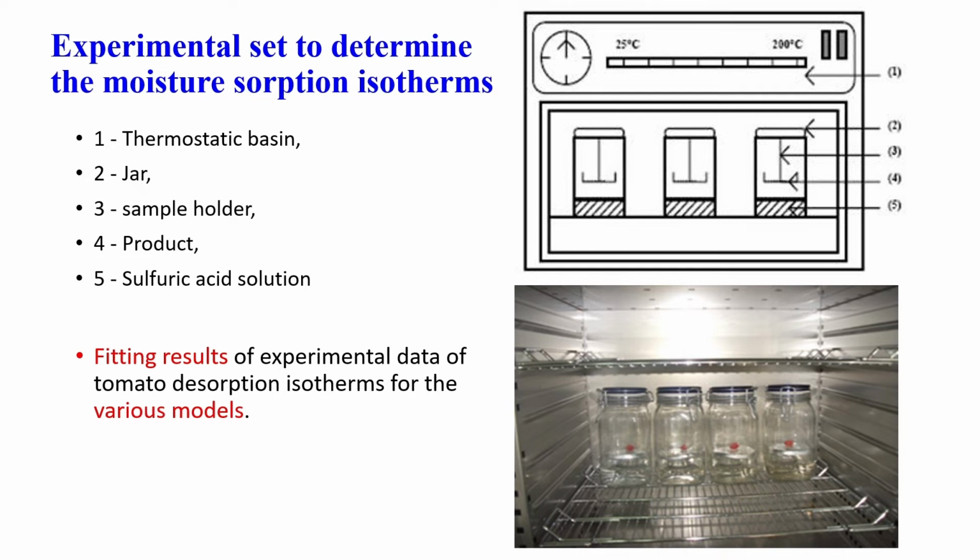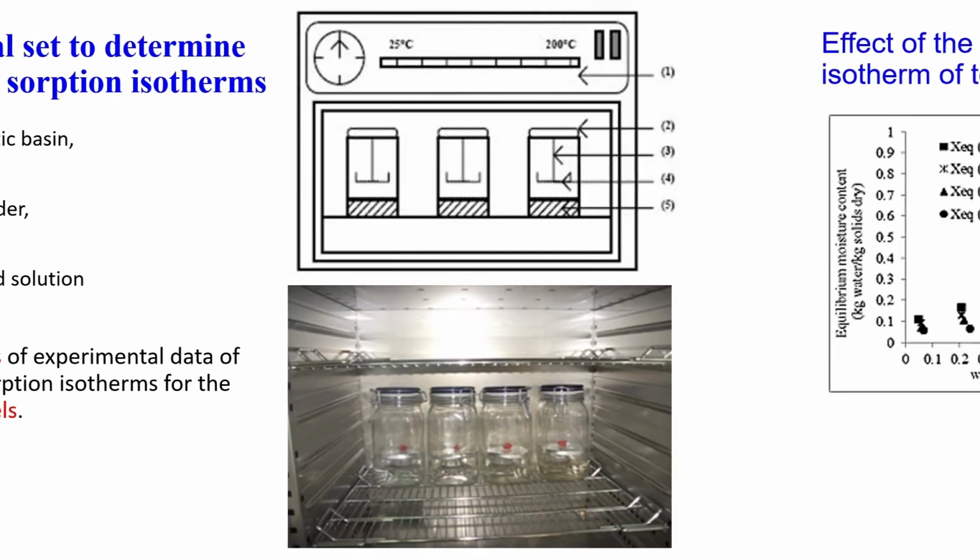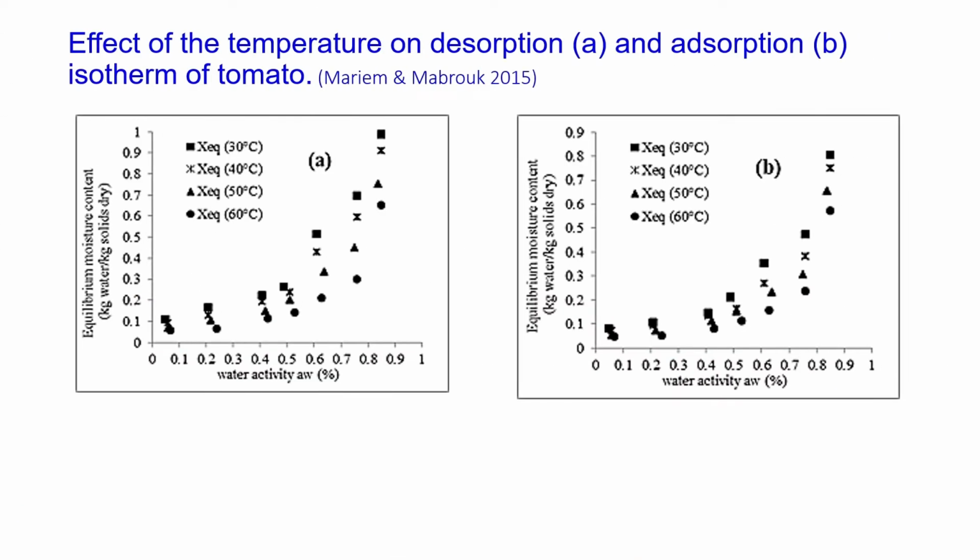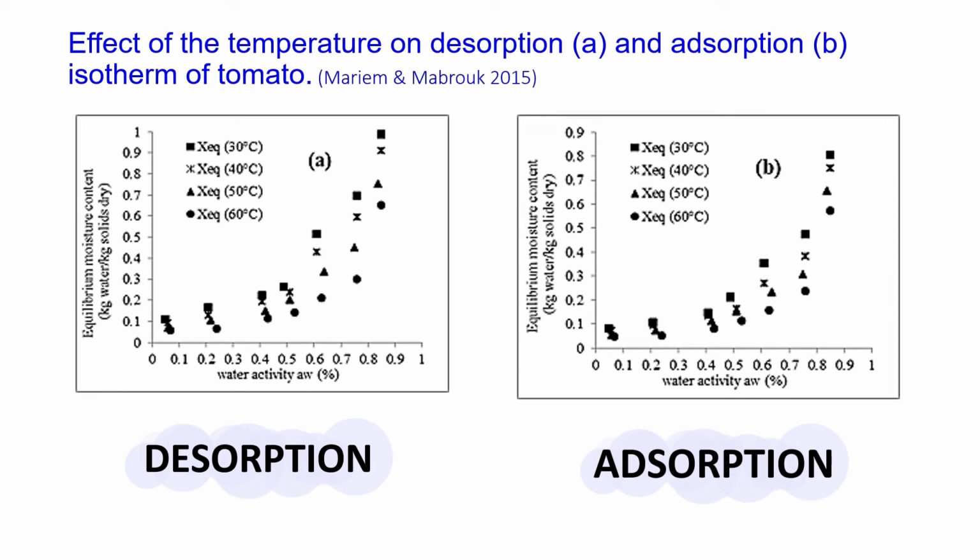Then the fitting results of the experimental data, let's say on tomato, okay, we mark them down, and then you try to fit them to the various models that I have shown you on the last slide. And this is the moisture sorption isotherms of tomatoes, published by Merriam and Marbrook in 2015. Figure A is the desorption and figure B is the absorption of moisture.